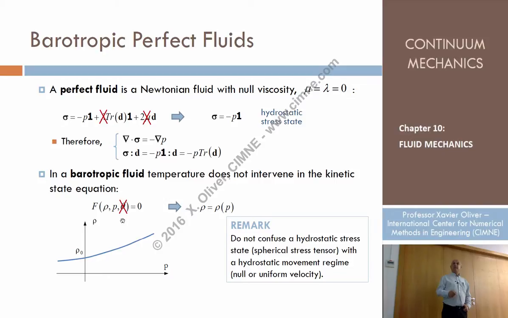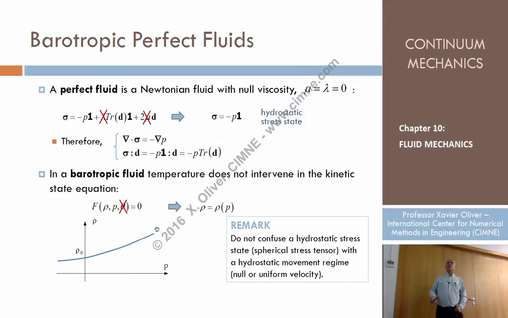But if that dependence can be totally or approximately removed, then we obtain that the density depends only on pressure. That's what we have here. So there is a one-to-one relationship of density and pressure.